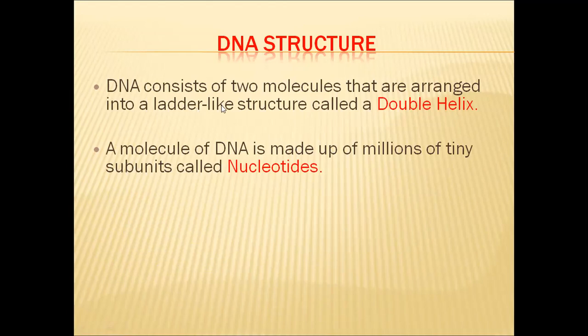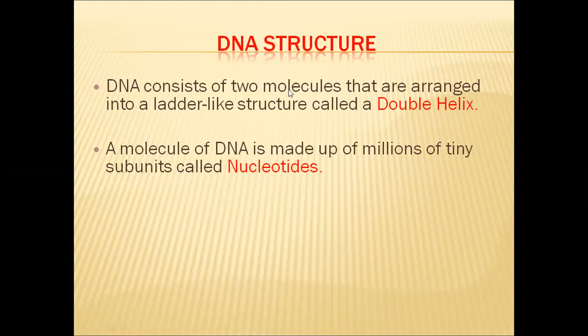As we have already seen, DNA appears like a double helix in structure, and each DNA molecule possesses two molecules inside it. These two molecules are called polynucleotide chains. So two polynucleotide chains will be there.